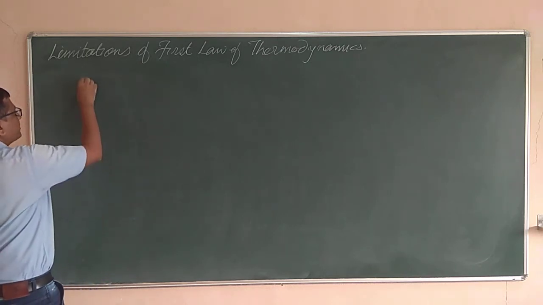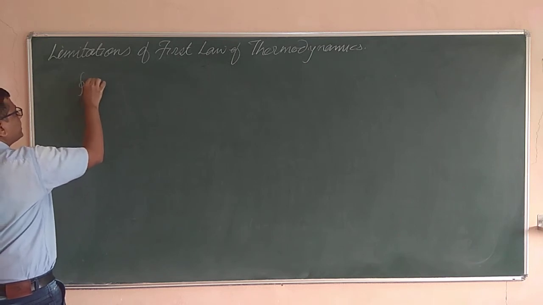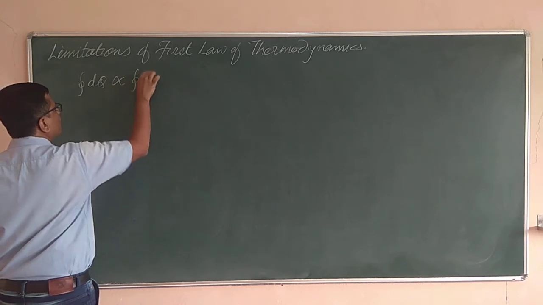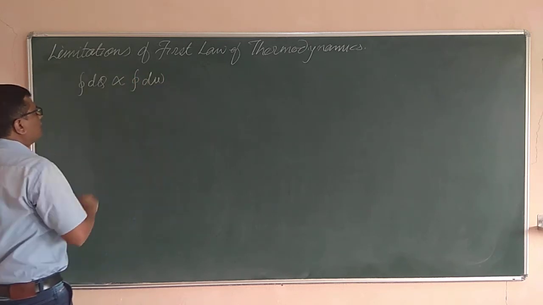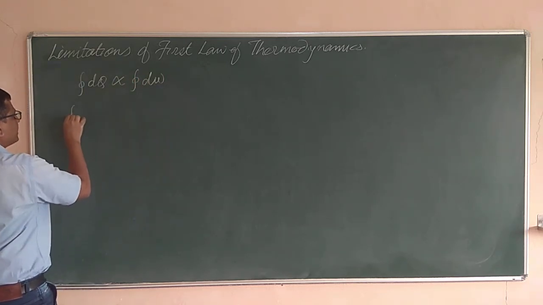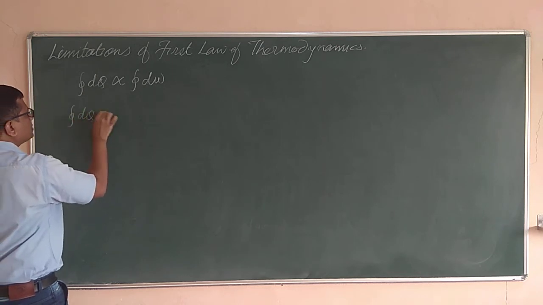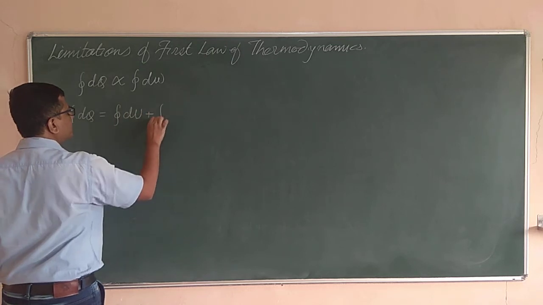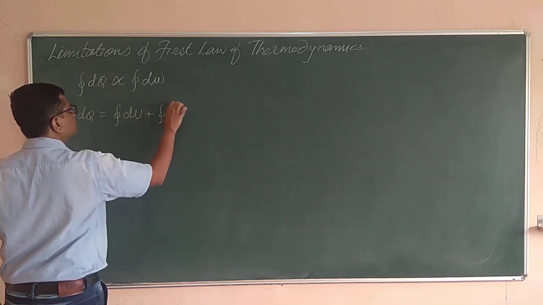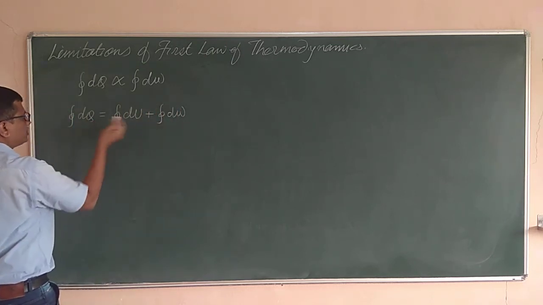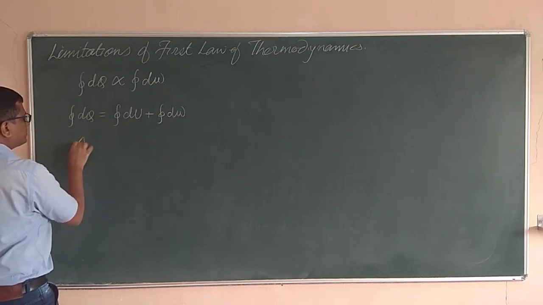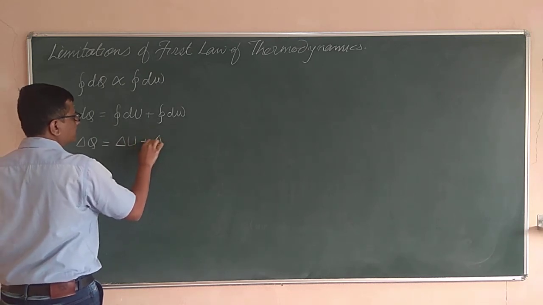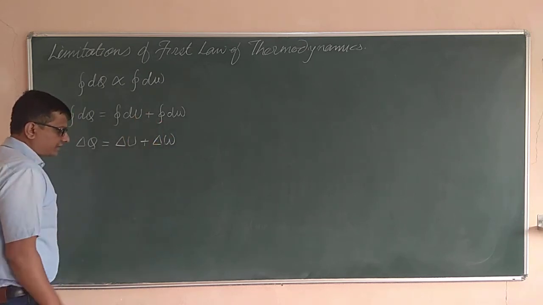The first law of thermodynamics states that the cyclic integral of dq is proportional to the cyclic integral of dw. Or I can say the cyclic integral of dq is equal to the cyclic integral of du plus the cyclic integral of dw. In terms of finite differences between these quantities, I can write this equation like this.